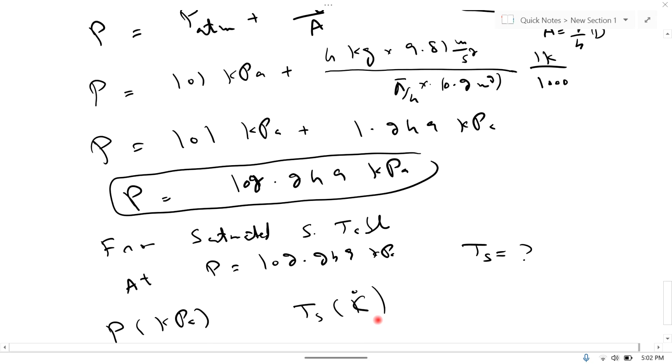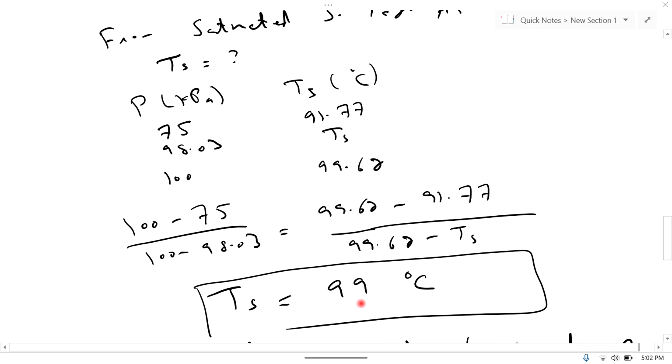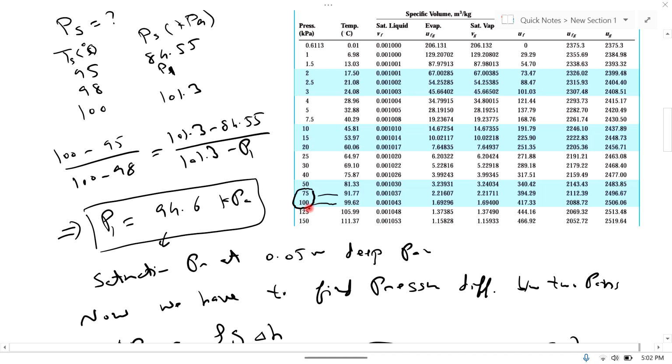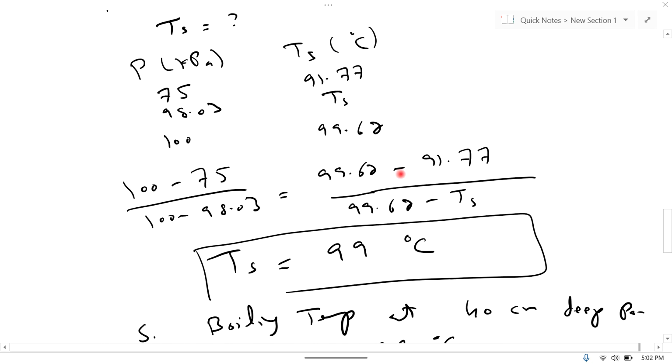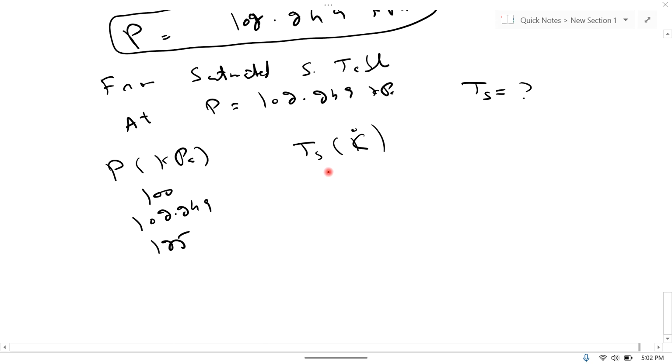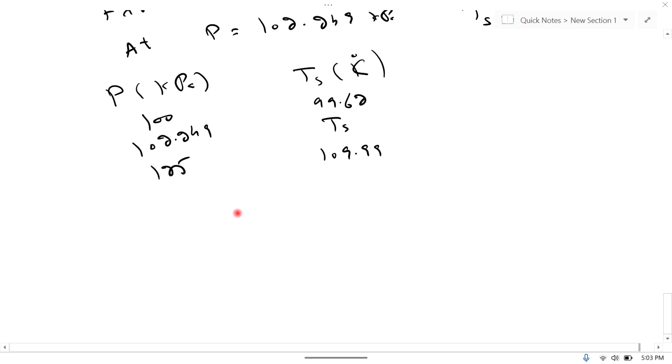At 100 kilopascal the temperature is 99.62, and at 125 it is 105.99, and we have to find the saturation temperature at this value.